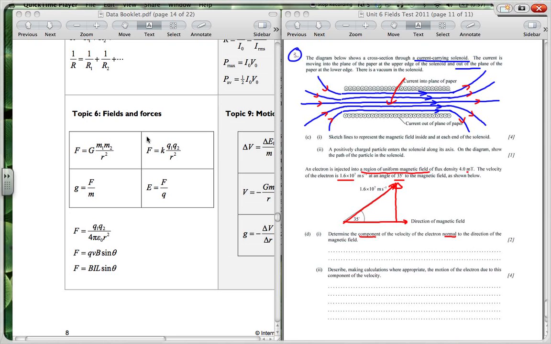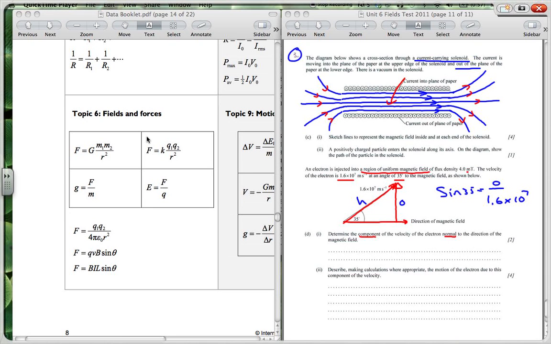To find that, obviously, this is our hypotenuse. This is our opposite. So we're going to use sine of 35 is equal to opposite over 1.6 times 10 to the 7 meters per second. And we're going to multiply that out.